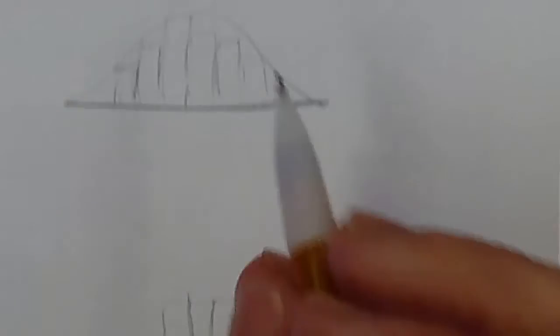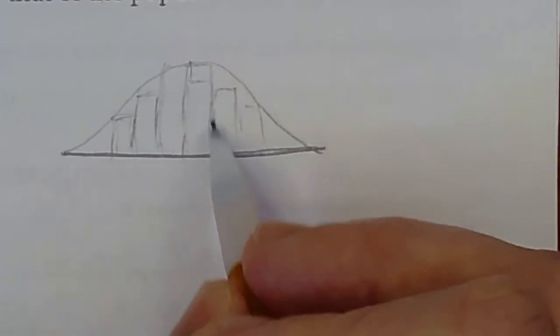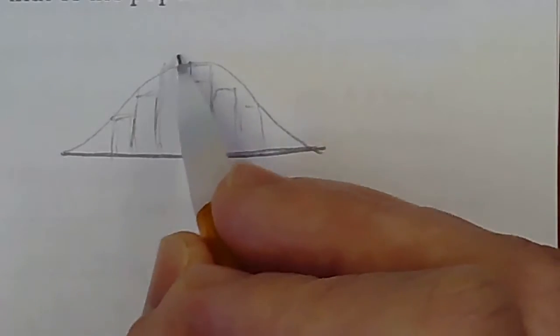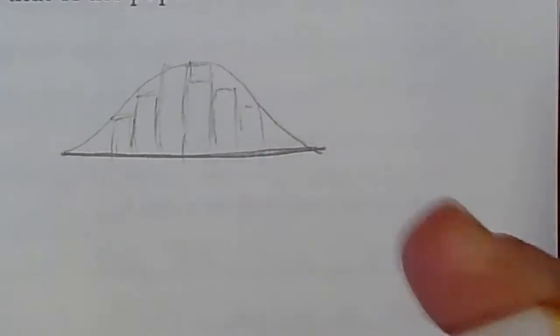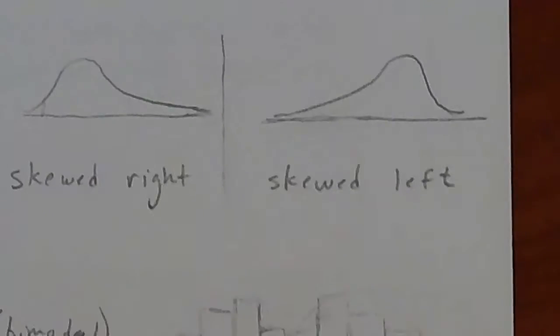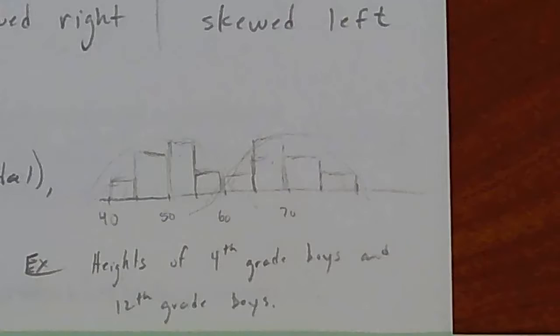What I mean by that is let's just say this height actually was the same, and it was right there. We still kind of call that a single peak. That makes sense? So don't just look for the heights to be the same to call it bimodal. You want to look for two separate modes and two different clusters like that. Okay?